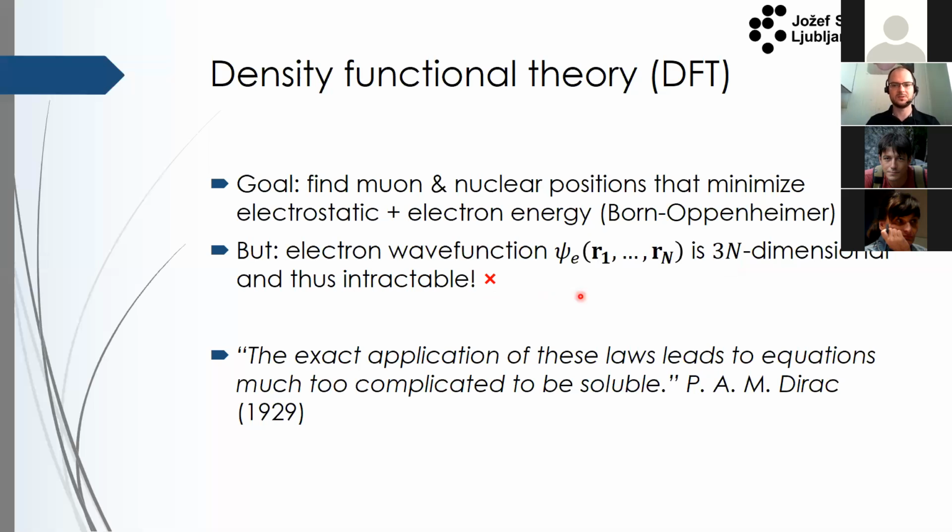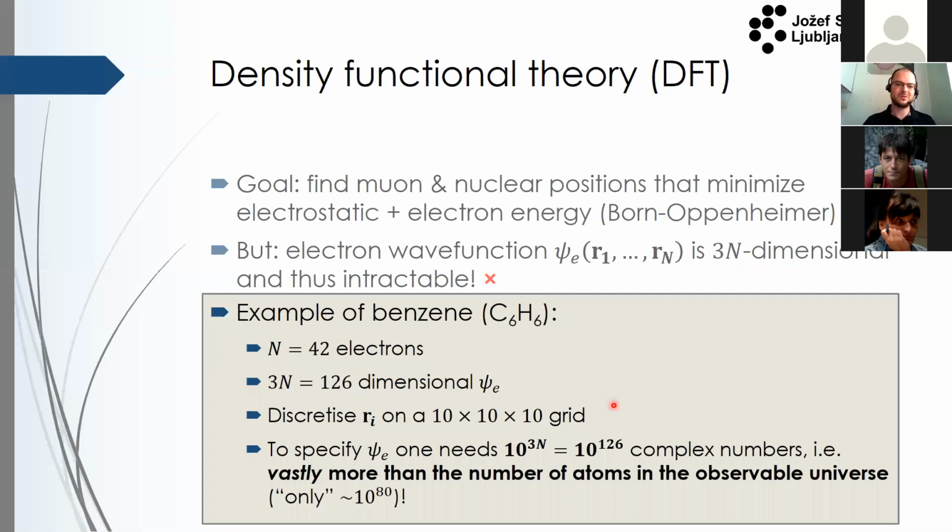This is completely impossible to write down, as Dirac already noted in 1929, when he said that the exact application of these laws, meaning the laws of quantum mechanics, leads to equations much too complicated to be soluble in general. Just to illustrate the problem, if we had a simple molecule of benzene, C6H6, with 42 electrons, that means the electronic wave function has 126 dimensions.